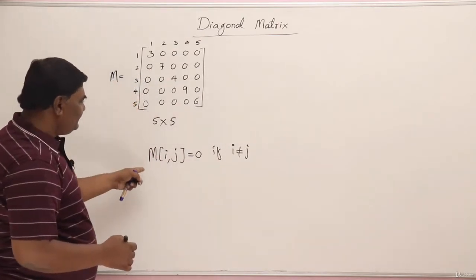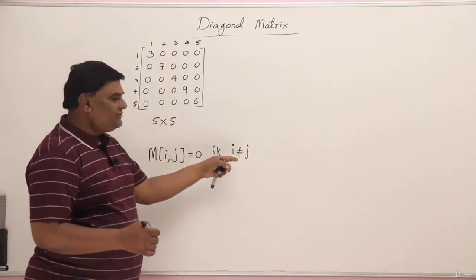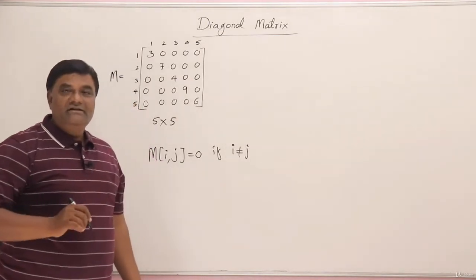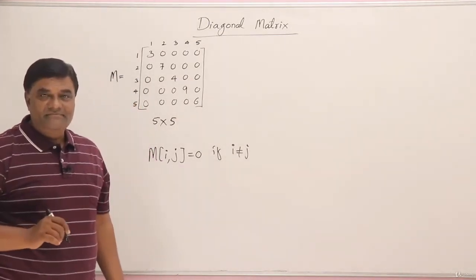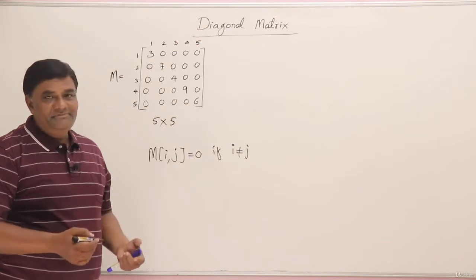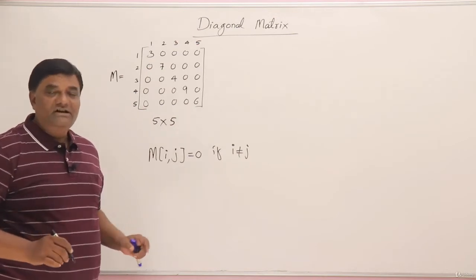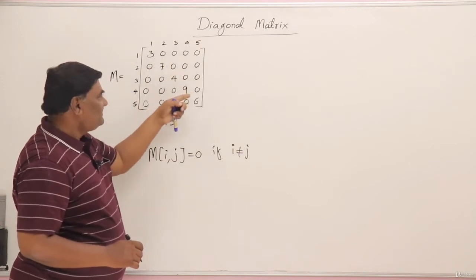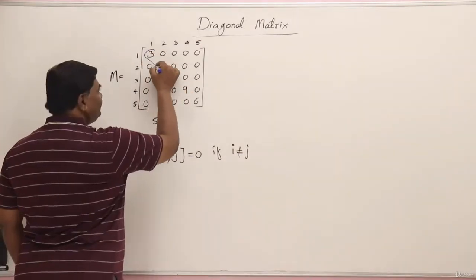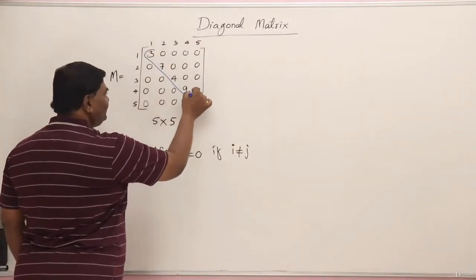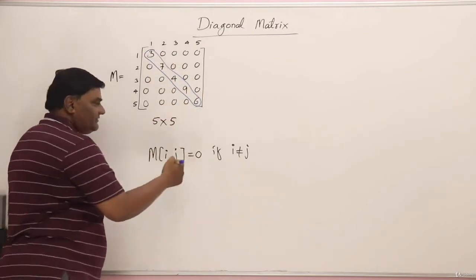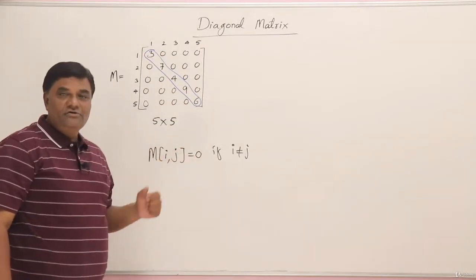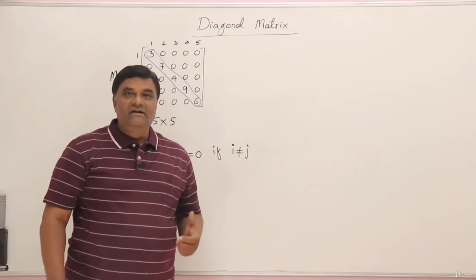M of i j should be 0 if i is not equal to j, then it is a diagonal matrix. If they are equal, then the elements may be 0 or non-zero. We don't bother about that. We bother about the rest of the elements. All these elements must be 0 and these elements are 0. So these are non-zero elements, the rest of the elements are zeros. So I have given a definition of a diagonal matrix.